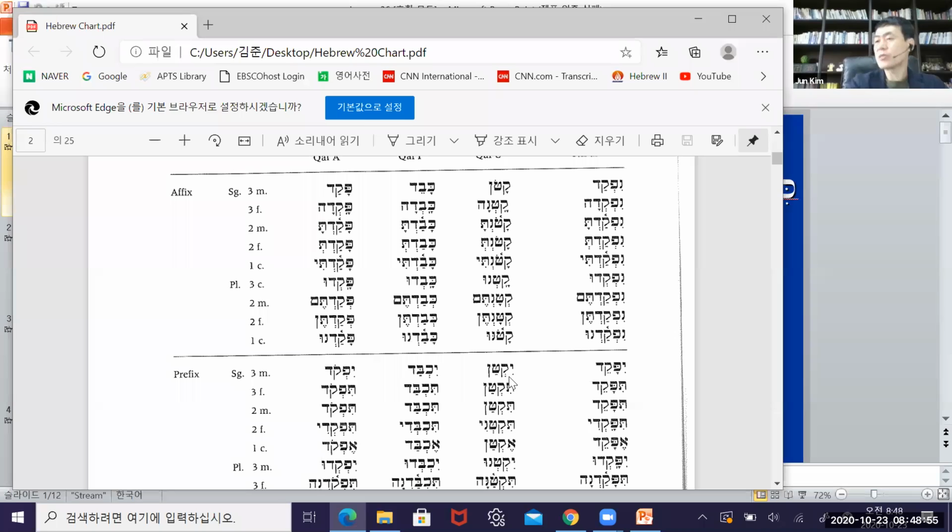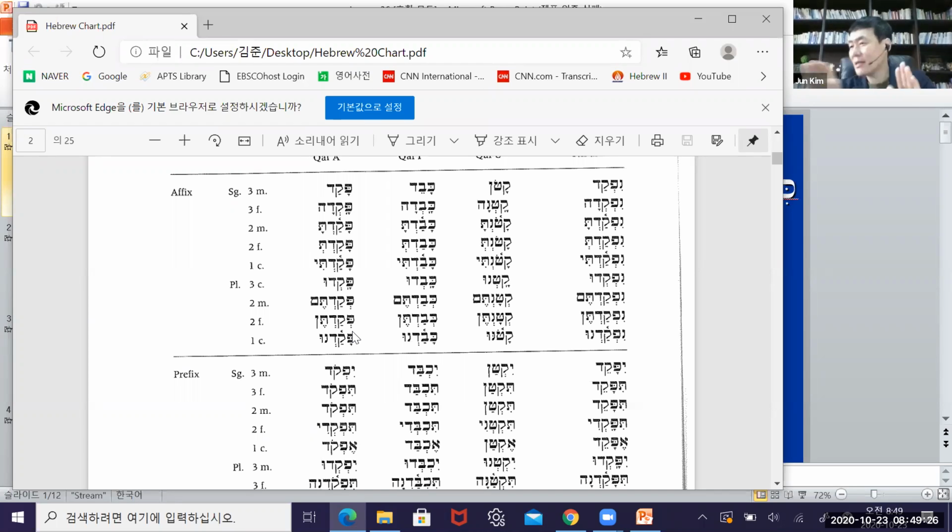Okay. So pata under the first root letter. I'm not talking about the pata under the prefix pronoun, because pata under the prefix pronoun is the indicator of the Hebrew stem. Don't be confused. We studied that in the case of the prefix form, the most important indicator should be pata under the prefix pronouns such as yod, tav, aleph, yod, tav, nun.